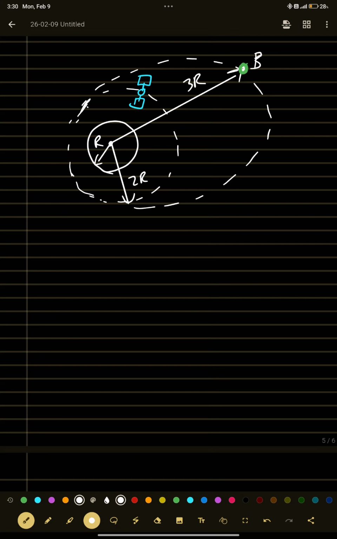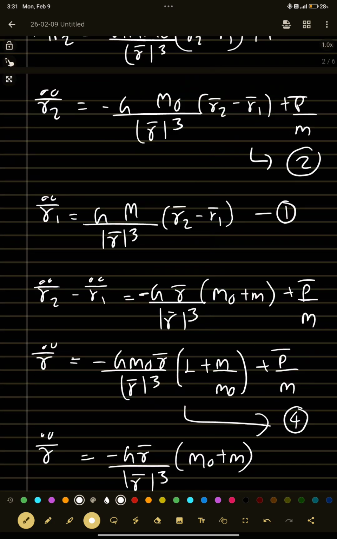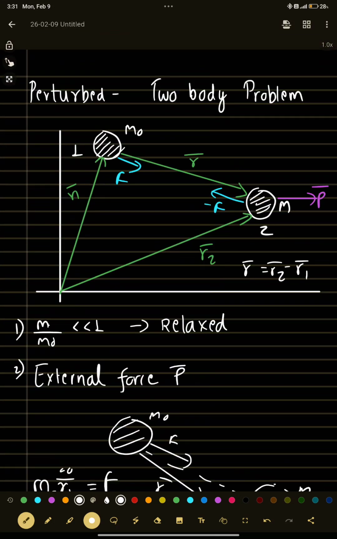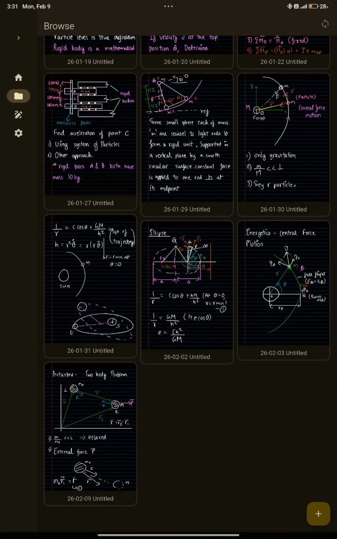So have you understood the question? If you have understood, you can solve. There are two parts to this question.